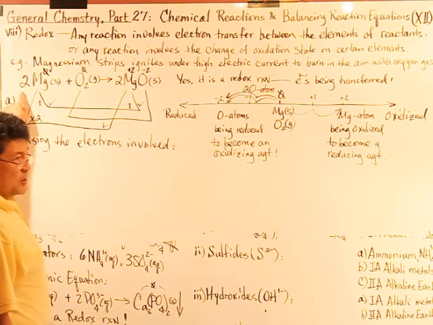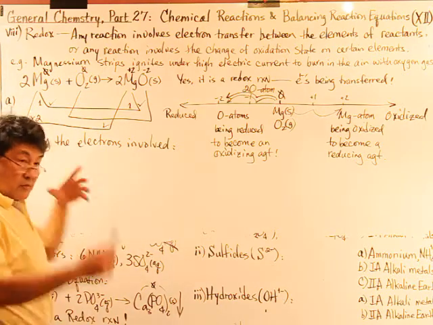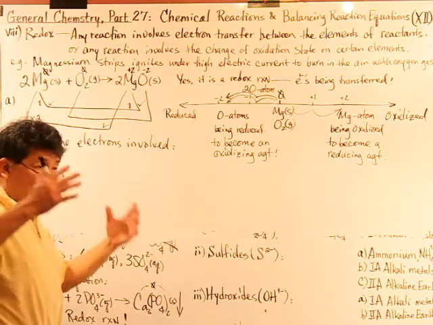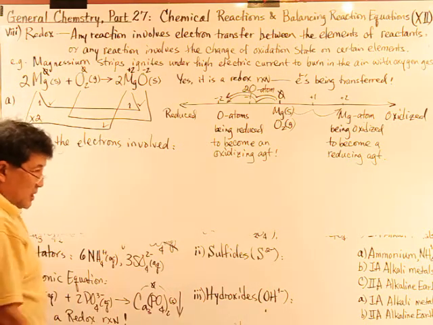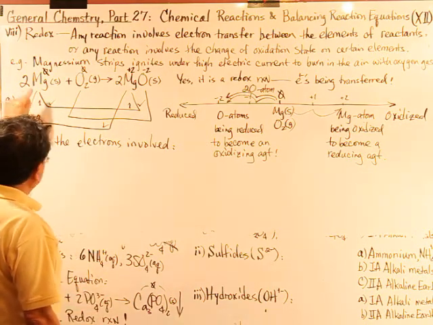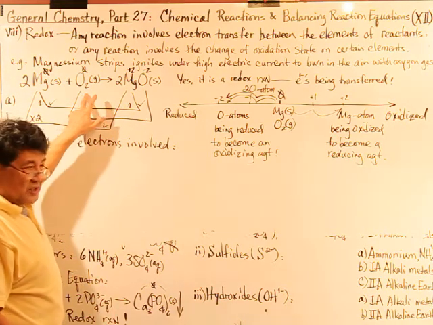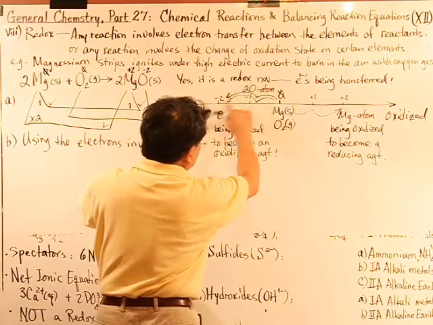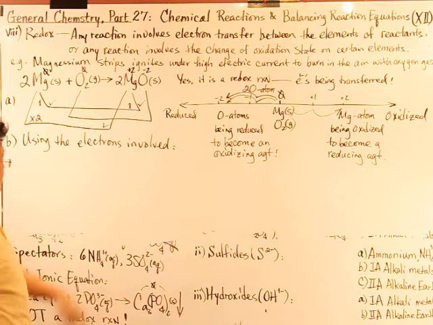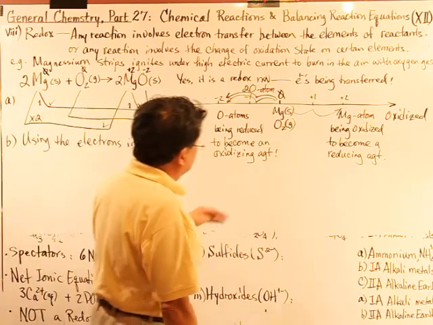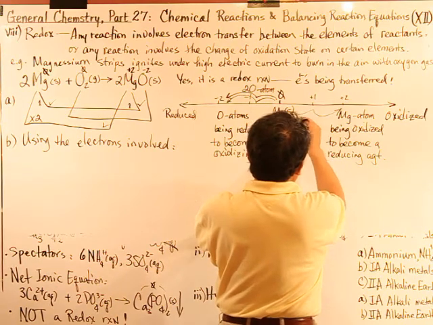So we've got to double this. Each one offers 2 electrons, from 0 to plus 2. Remember, alkaline earth metal, second family, it's all plus 2. So each one offers 2 and can take care of 1 oxygen atom. With 2 oxygen atoms you have to have 4, so this has to be doubled.